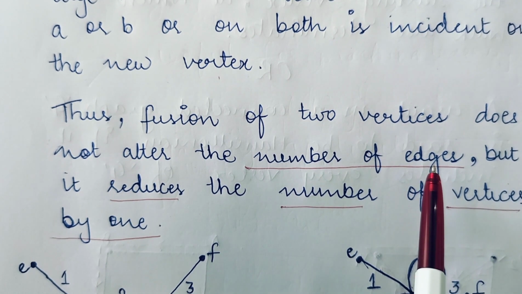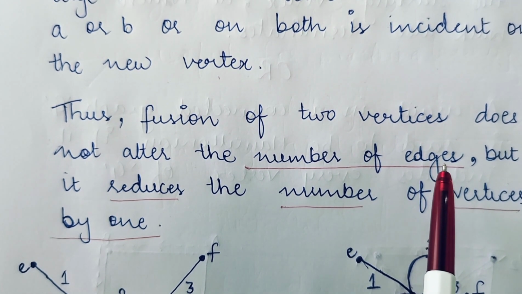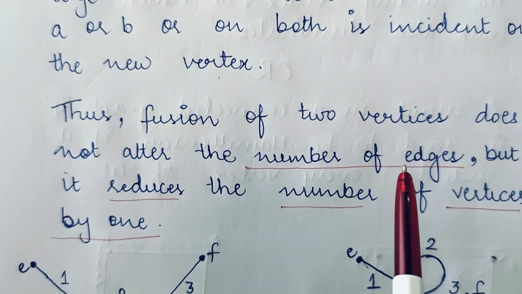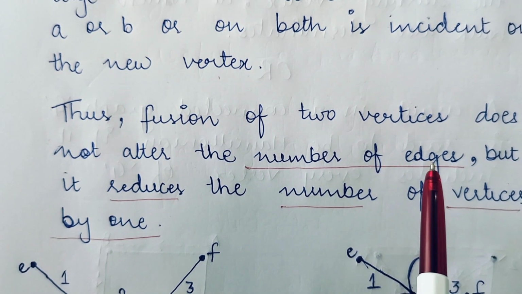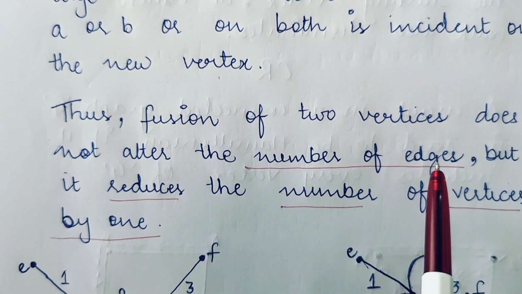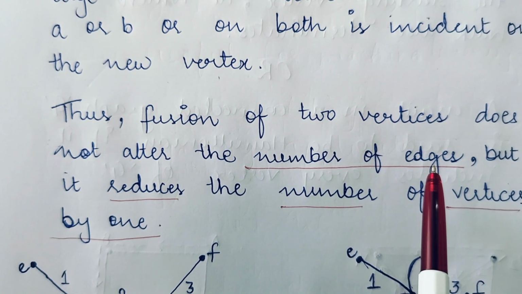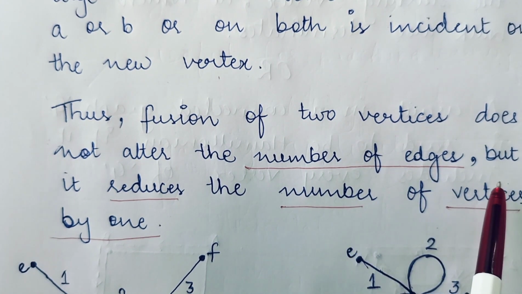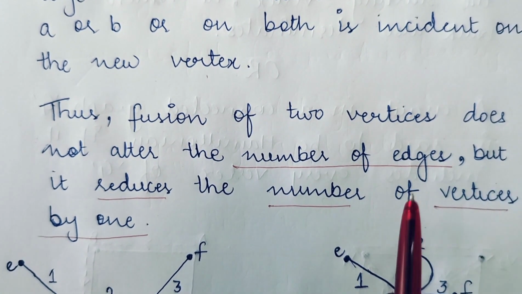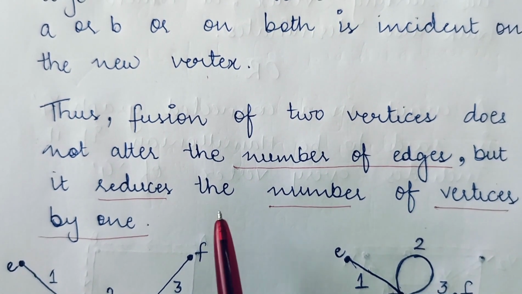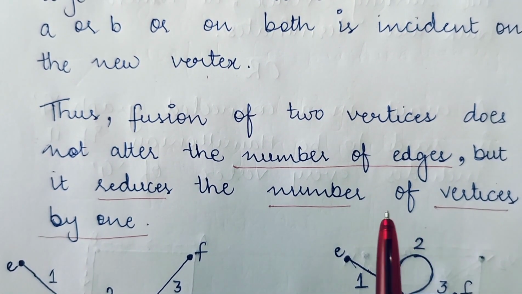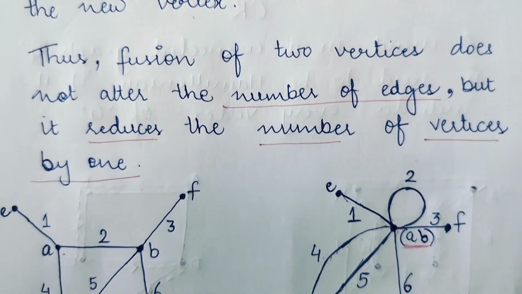Since the incidence between the edges and vertices is preserved, the number of edges remains the same. But since we are fusing two vertices into a single vertex, of course it reduces the number of vertices by 1. Let's see this through an example.